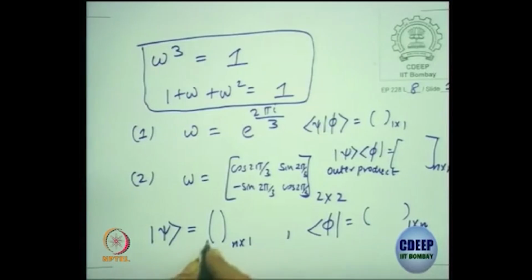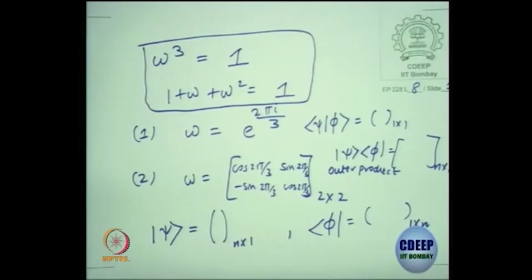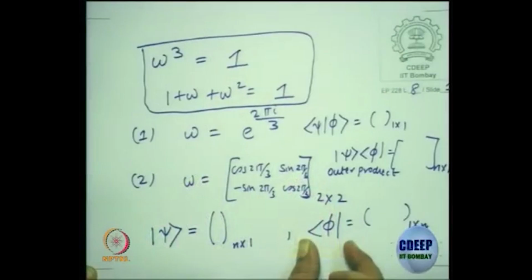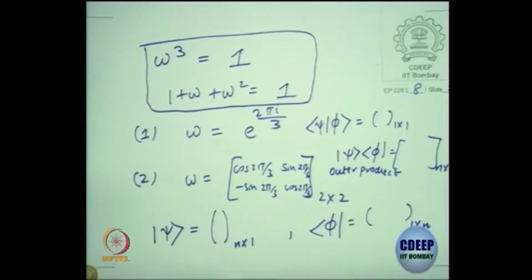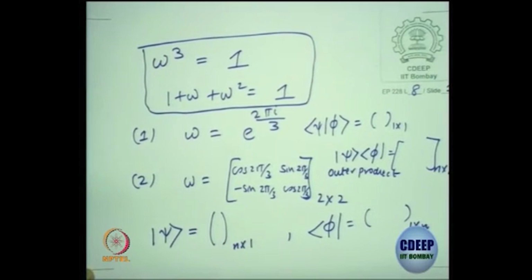So, this is the representation if you want. You can represent the ket vector in a finite dimensional vector space by a column vector. You can represent the dual vector, which is the bra, as a row vector. This is what we are conventionally going to follow.